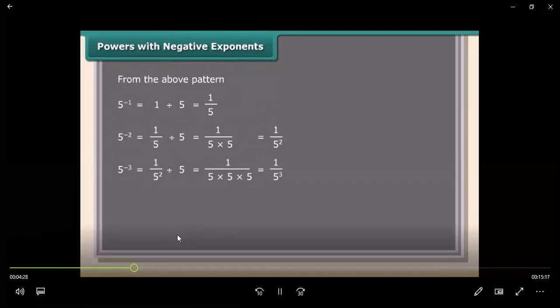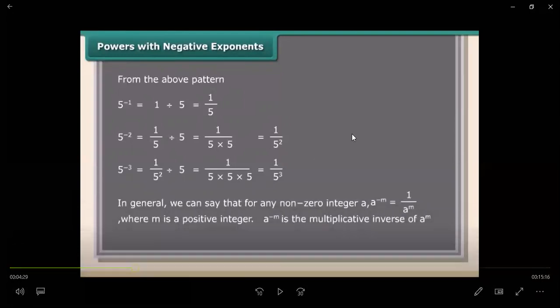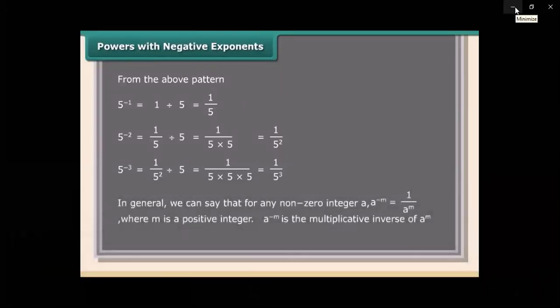I think this many examples are enough. So in general, we can conclude that for any non-zero integer a, a raised to the power -m can be written as 1 upon a to the power m, where m is a positive integer, and a raised to the power -m is the multiplicative inverse of a to the power m. What does it mean?